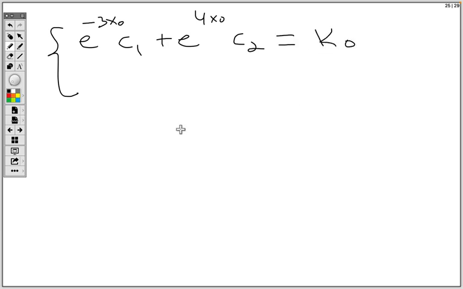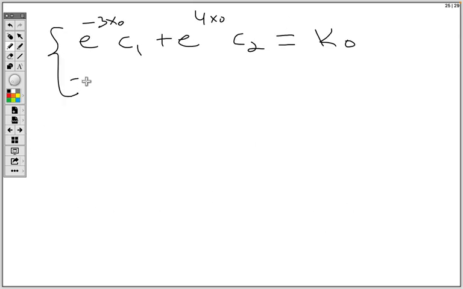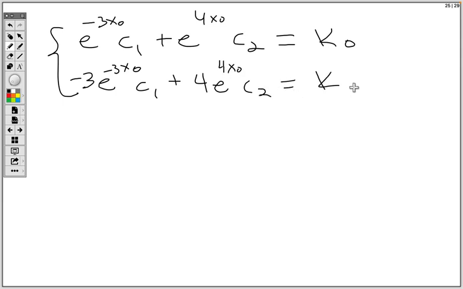That has to add up to k naught. And we've got negative 3 e to the minus 3x naught c1 plus 4 e to the 4x naught c2 equals k1. And here's where we use Cramer's rule.